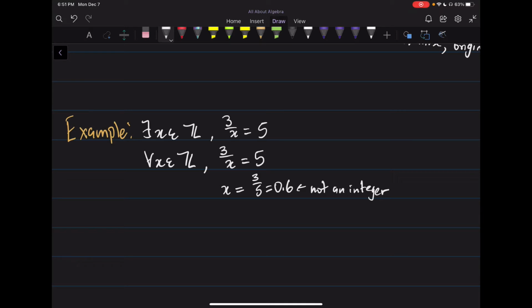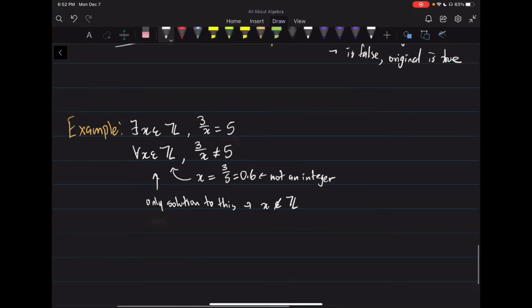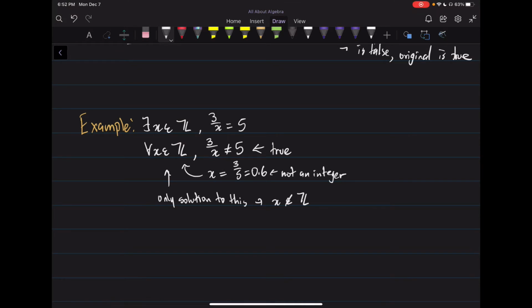Which means the negation of this would be where it's not equal to, right? So we get 0.6, which means the only solution to this is where x is not an integer. In fact, x would be a rational, but not an integer. So we've shown that for all integer values, it's impossible for 3 to be divided by an integer and get 5.